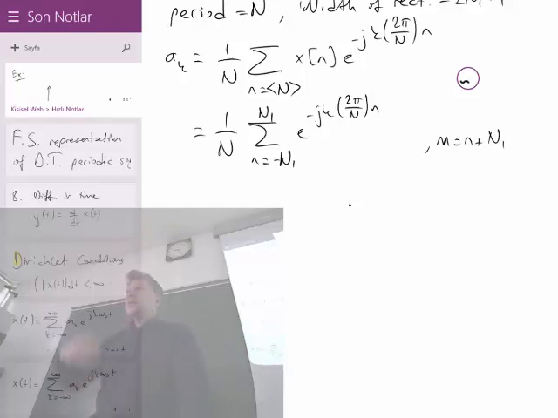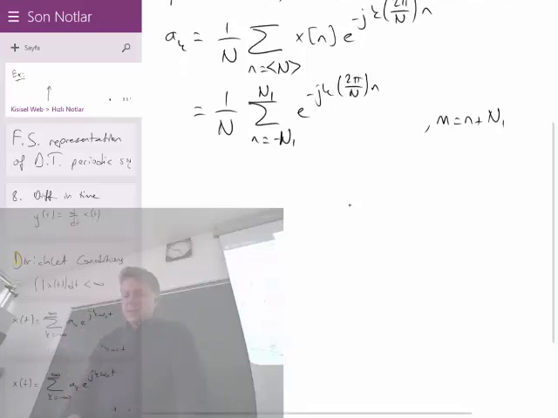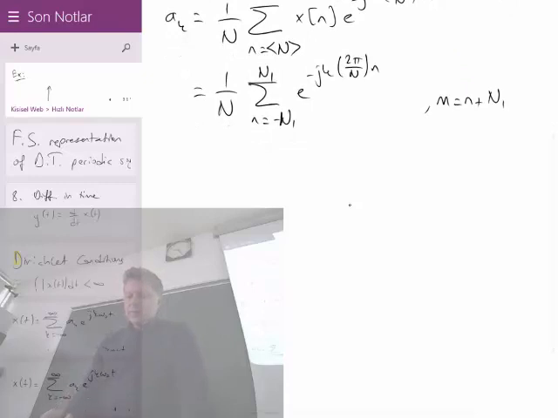So let's not run n, but let's write the running index using m. Let's make a change of variables in the sum. So I'm substituting a new variable, which is m. And the summation will be 1 over capital N again, and the summation starts with m from 0 up to where?